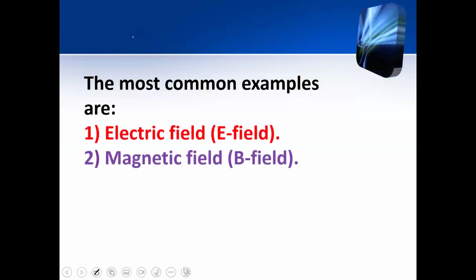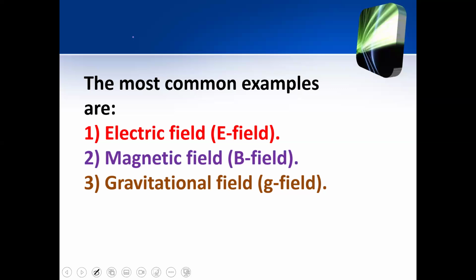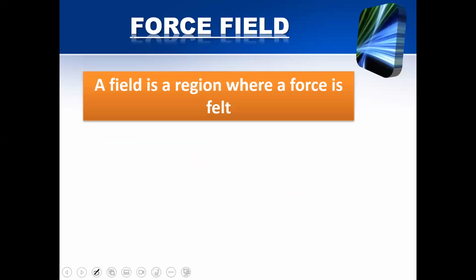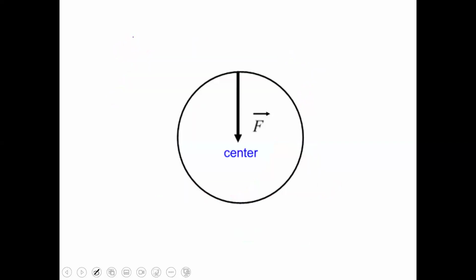In our course, there are three important force fields: electric field, magnetic field, and gravitational field. These fields can apply forces, but they are invisible. You have to just observe them. Now I come back to my concept reconnection, what I told you.